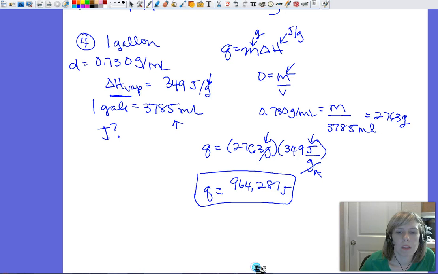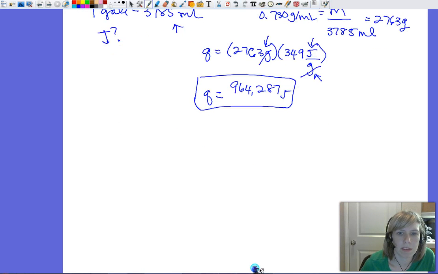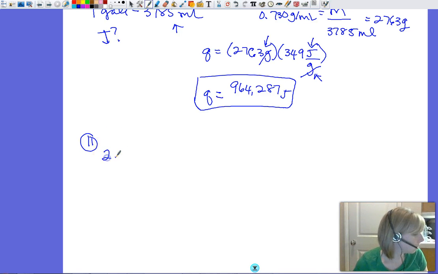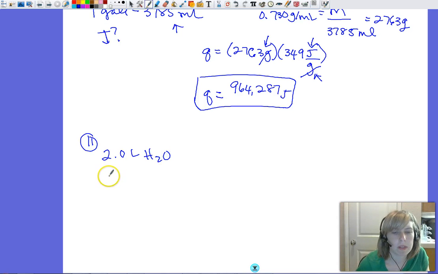So let's take a look at another one. We'll take a look at number 11. Alright, so number 11 says determine the amount of energy absorbed by 2 liters of water as it's converted to steam at its boiling point.